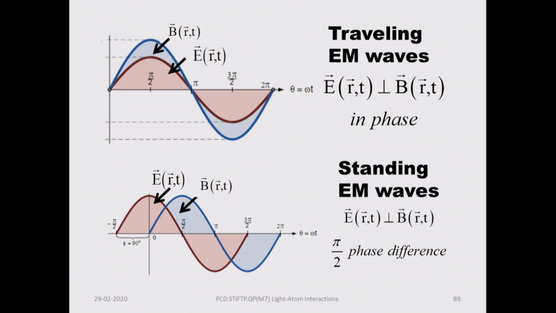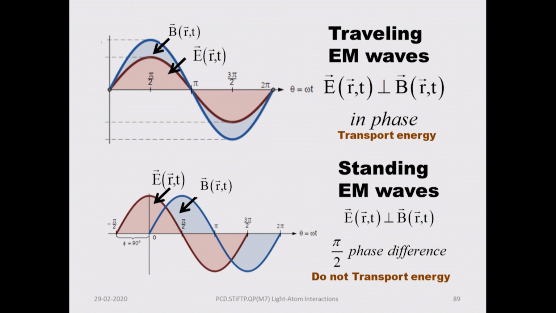And when you apply that, it turns out that the electric field and the magnetic field will not be in phase. They will actually be orthogonal. There will be a pi by 2 phase difference. And this is to be expected because standing waves are not transporting energy. Travelling waves transport energy, standing waves do not. Okay?